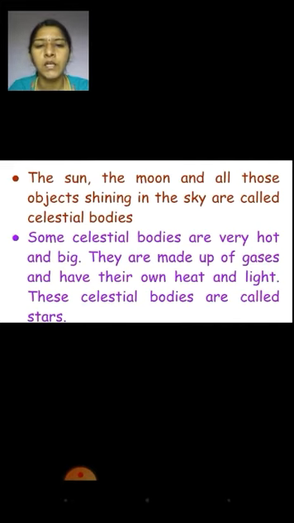The sun, the moon, and all those objects shining in the sky are called celestial bodies. Some celestial bodies are very hot and big. They are made up of gases and have their own heat and light. These celestial bodies are called stars. Okay.